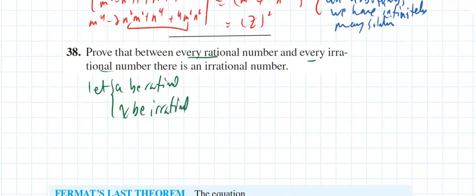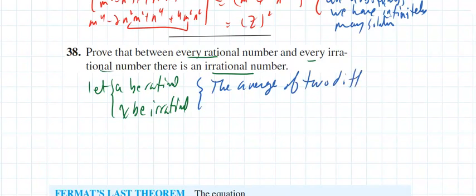So prove that between those rational and irrational numbers, there is an irrational number. Well, let's see how we're going to do this. If I look at the average of two different numbers, it is always between them.